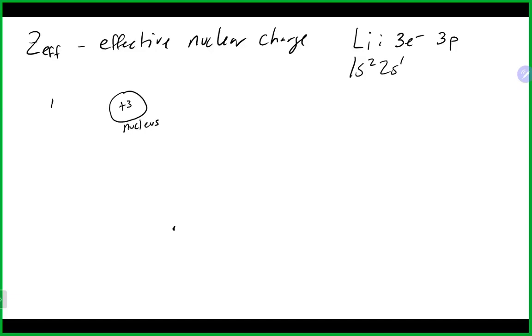We have on the first energy level 2 electrons, our core electrons here. And lithium, which is group 1, would have 1 valence electron. It would be this guy right here on the second energy level, if you will, kind of floating around randomly out there.